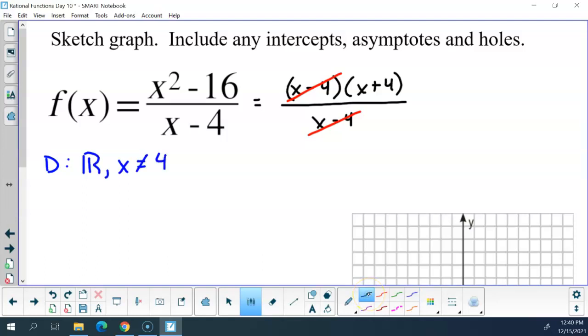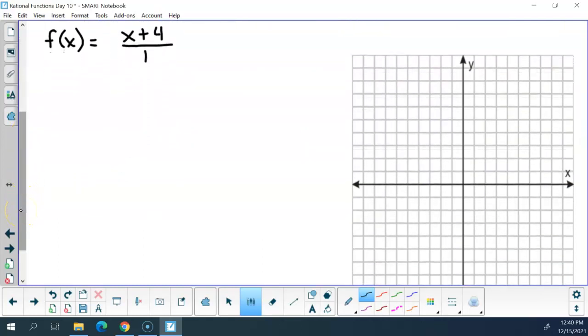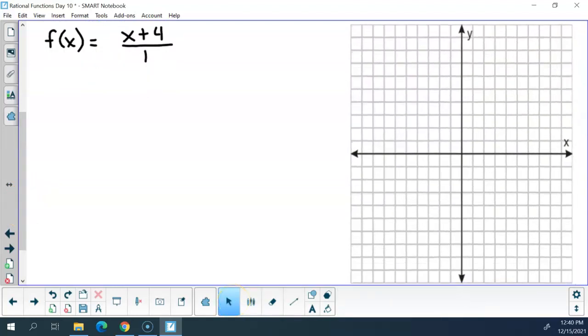Everything after that, I use my new function, which is just x plus 4. Now, if you need to put that over 1, that's fine. But for everything else now, x plus 4 over 1 is our function.